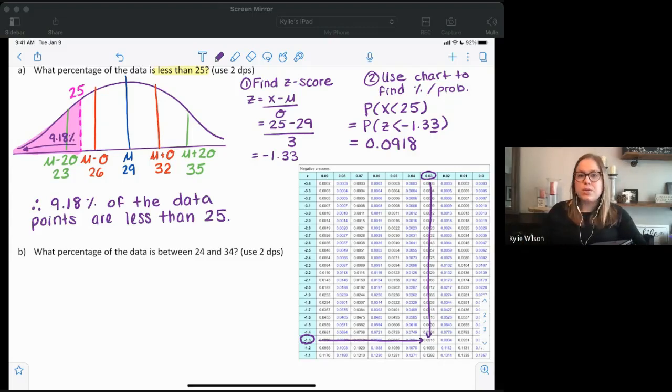Are there any questions before we move on to the next example? So next example is very similar, just adding one extra layer of difficulty. But are there any questions at all?